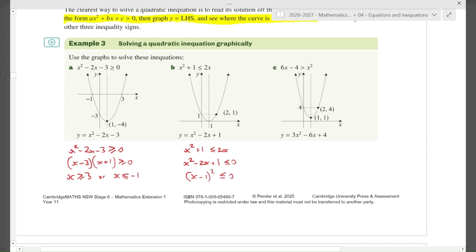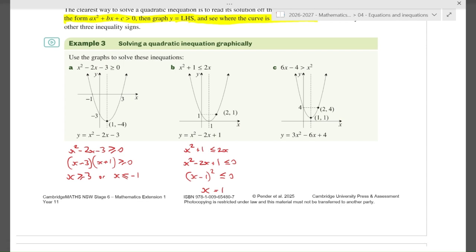Which means what is my version going to be? x equals 1. Because I'm going to have 2 solutions, but they're both going to be the same, I can't have one less than 1 and one greater than 1, and I can't have them in between 1 and 1. So it's just x equals 1 is the only solution.